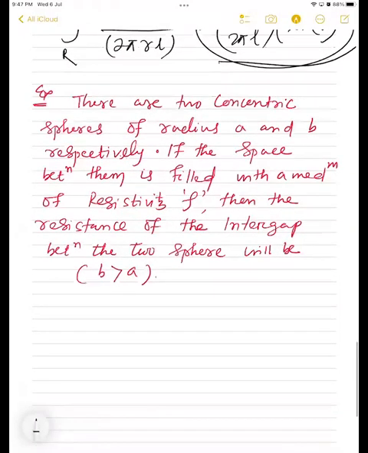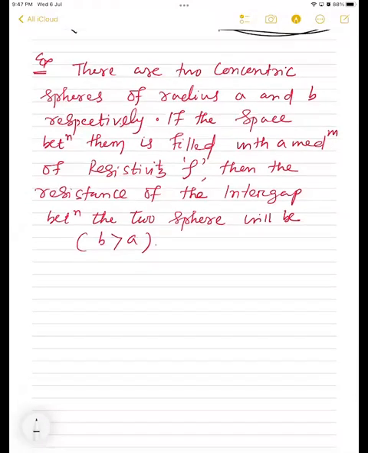Another question. There are two concentric spheres of radius A and B, respectively. If the space between them is filled with a medium of resistivity rho, then the resistance of the intercap between the two spheres will be how much?